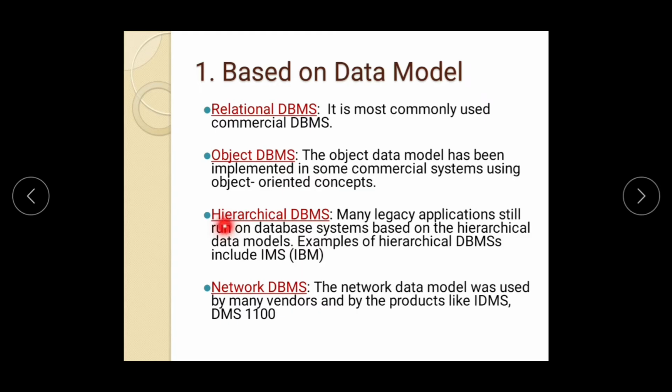Many legacy applications, legacy meaning earlier applications, older applications, still run on database systems based on the hierarchical data model. So some older versions of the database are still running on these hierarchical data models.